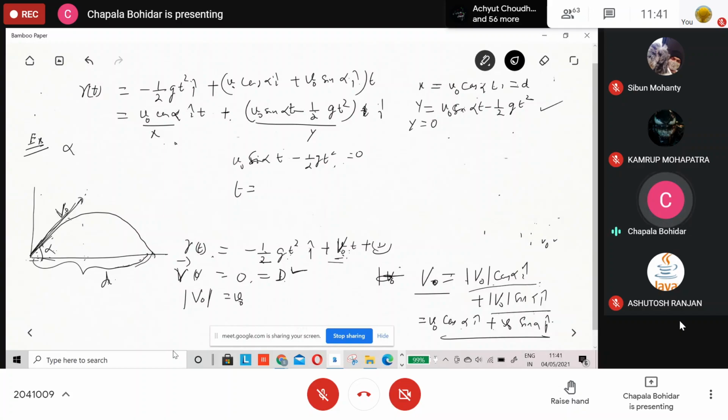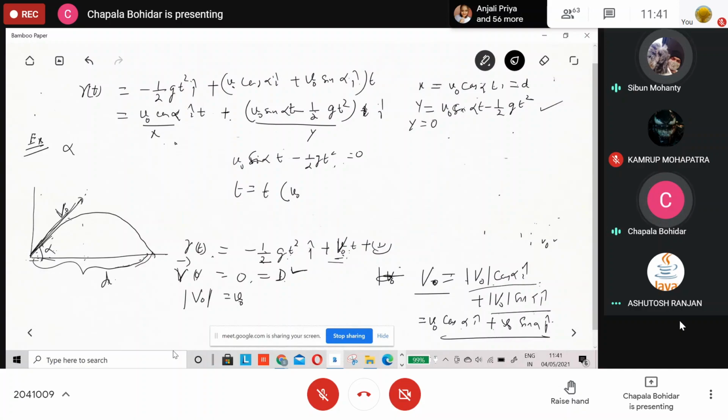Take t common, one value, then another. What is the value of t? You are not getting it. Take t common.